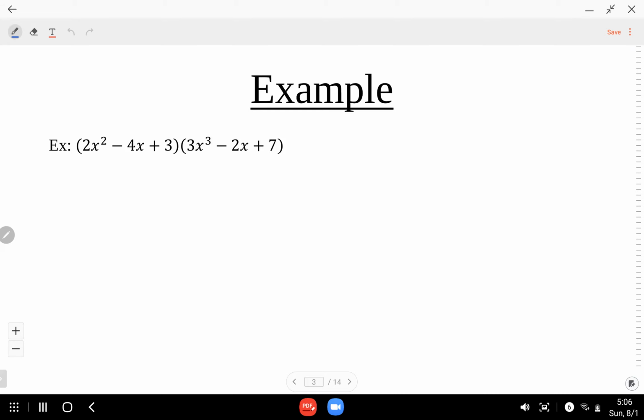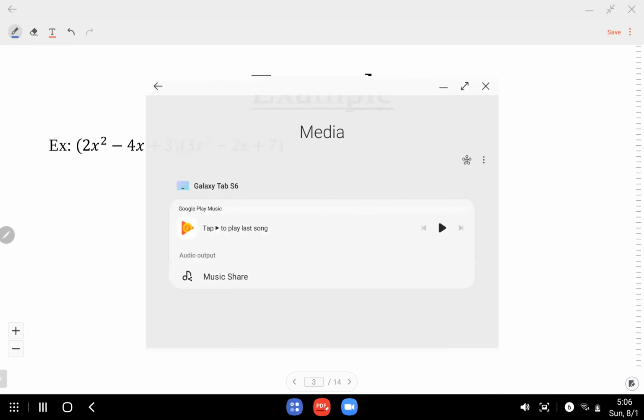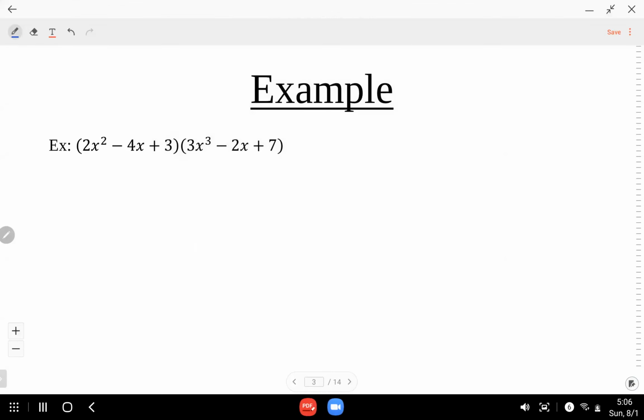In this example, basically, you're going to multiply these two terms together, and you're going to simplify the terms, combine like terms, and then you're going to have an answer. All right, so please start doing this example, and then I'll show you the faster way to do it, in addition to the traditional way where you use distributive property to multiply every term.